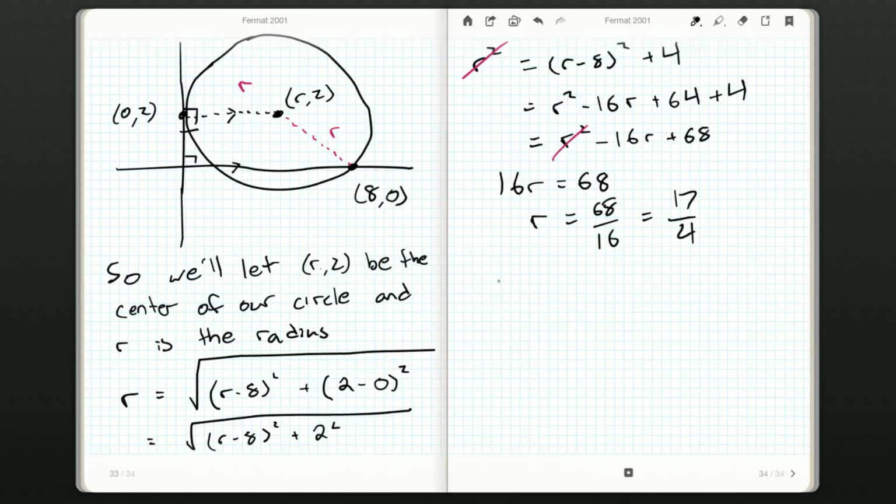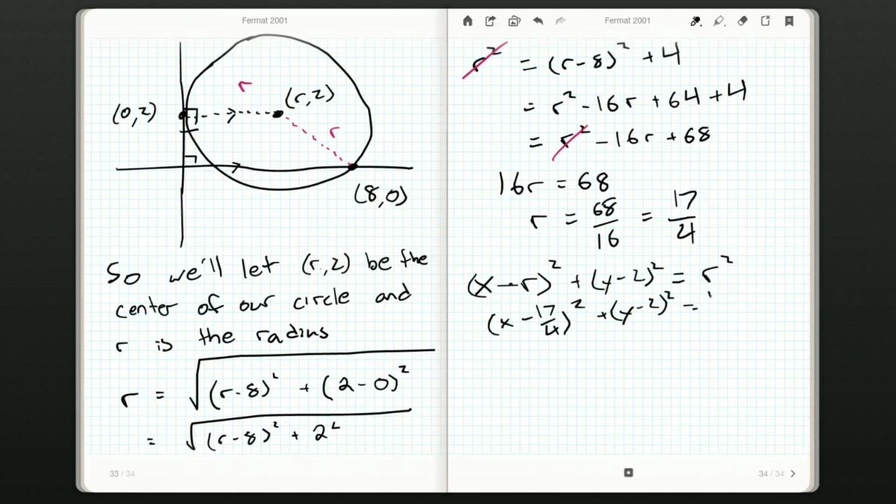But, so our equation for our circle should therefore be x minus r squared plus y minus 2 squared is equal to r squared. So x minus 17 over 4 squared plus y minus 2 squared is equal to 17 over 4 squared.